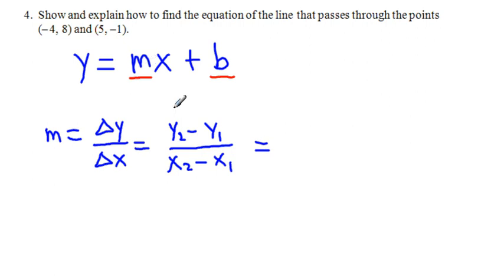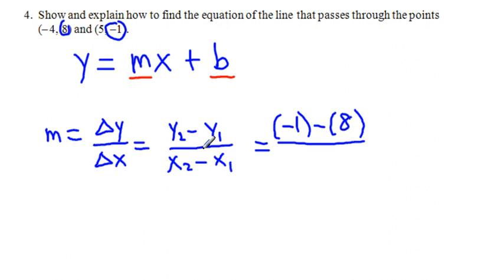The second y coordinate is -1, so we have -1. I'll use parentheses to keep things nice and neat. Then we have to subtract the first y coordinate, which is 8. So we have -1 minus 8, those are the y coordinates, over, subtract the x coordinates.